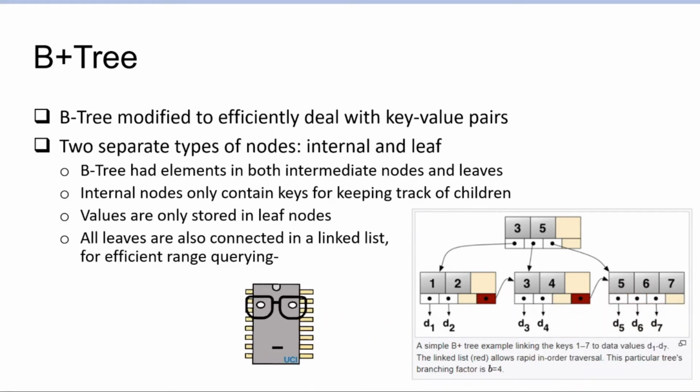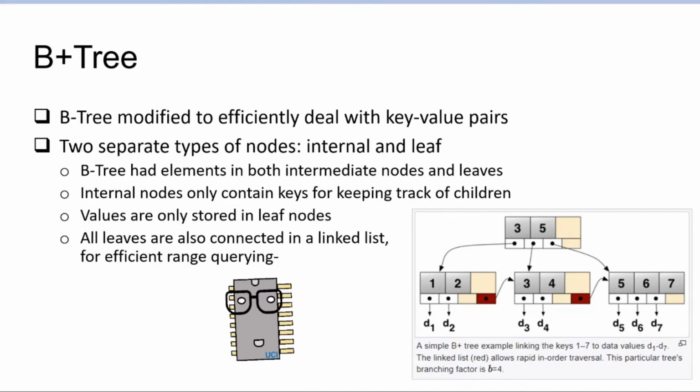And this is very efficient for when you're dealing with key value storage and things like that, because you can do efficient range querying. You might want to query for all key value pairs between the key values of 7 and 24, for example.